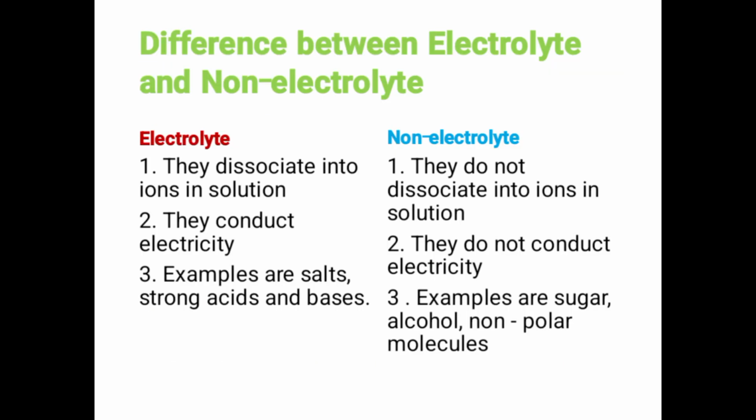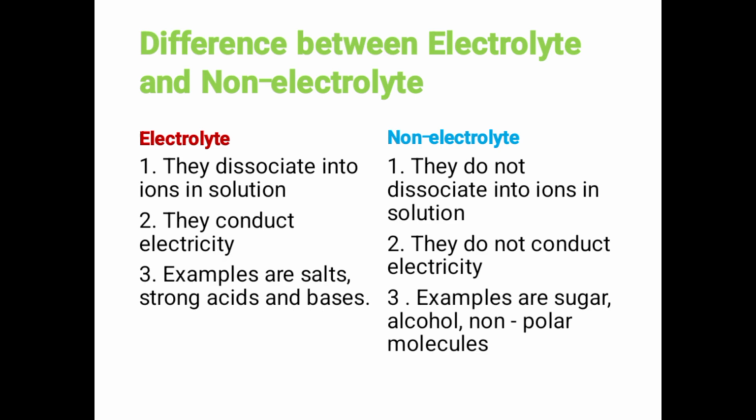Let's look at the difference between electrolytes and non-electrolytes. Electrolytes dissociate into ions in solution. Non-electrolytes do not dissociate. Electrolytes conduct electricity due to the presence of mobile ions. Non-electrolytes do not conduct electricity because they do not dissociate into ions.